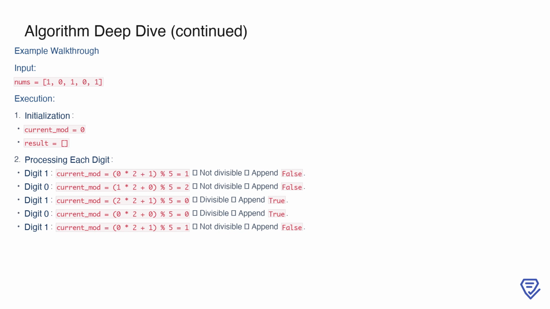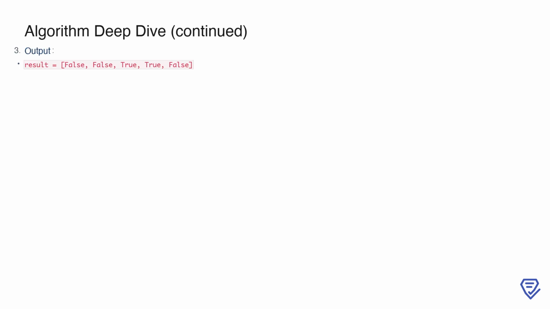For the fourth digit, 0, we get current_mod equals (0*2 plus 0) % 5 equals 0, again divisible, so we append true. Finally, for the last digit, 1, the computation results in current_mod equals (0*2 plus 1) % 5 equals 1, which is not divisible, so we append false. After processing all the digits, the final result list is false, false, true, true, false.